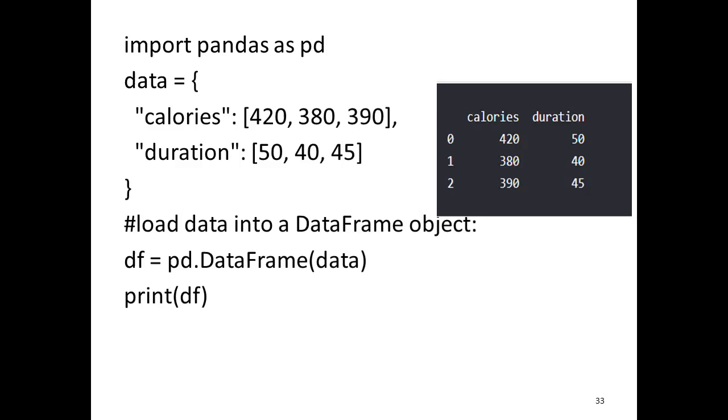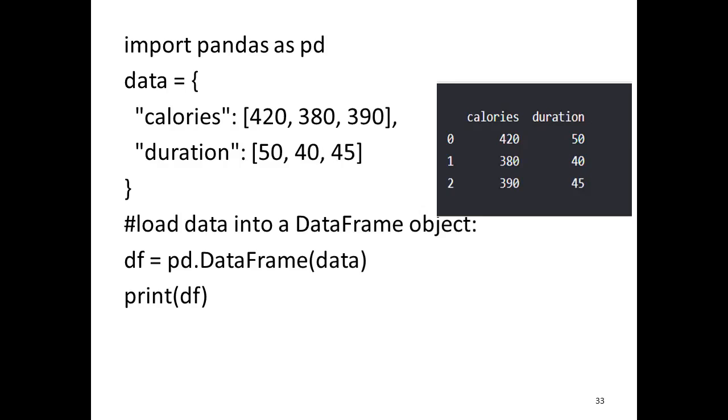The second column name is duration, and the respective values are 50, 40 and 45. So the column names are calories and duration, and the rows are 420, 50, 380, 40 and 390, 45.